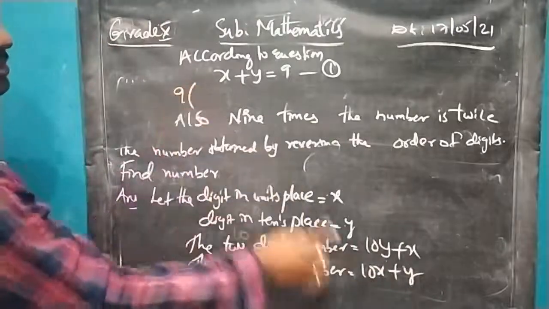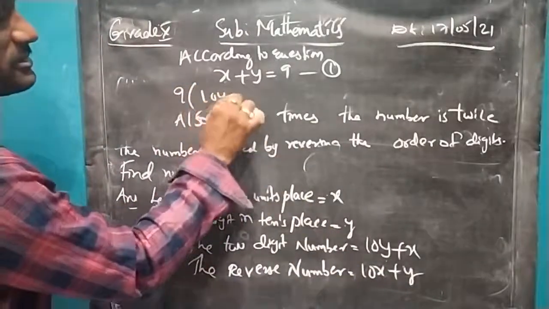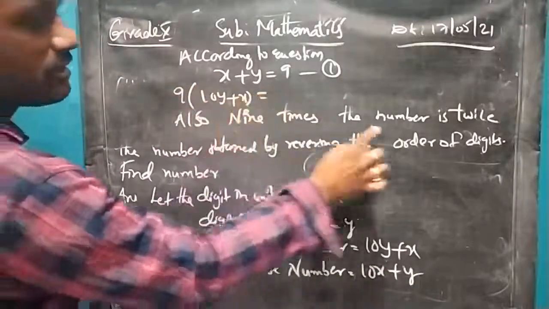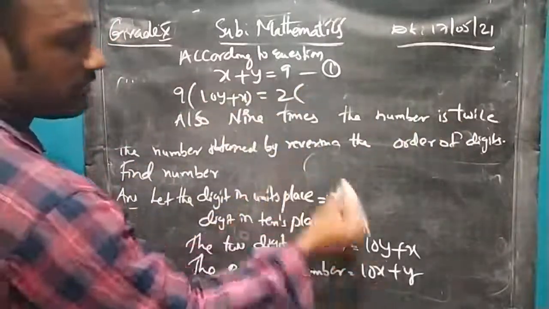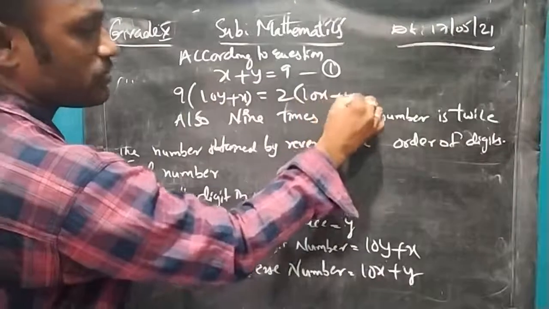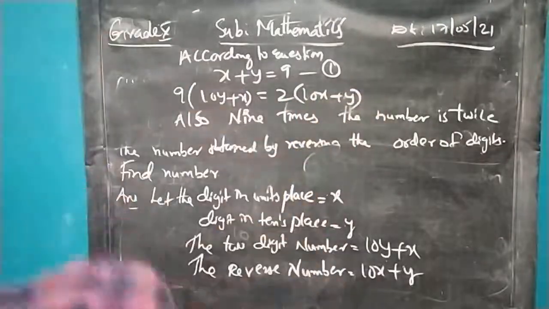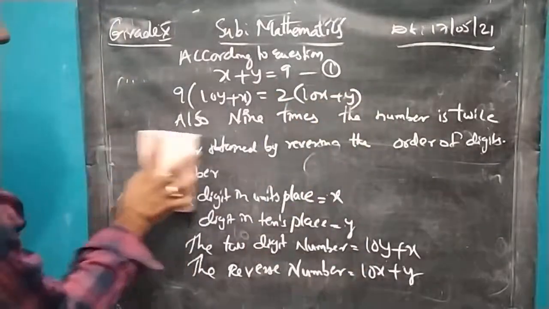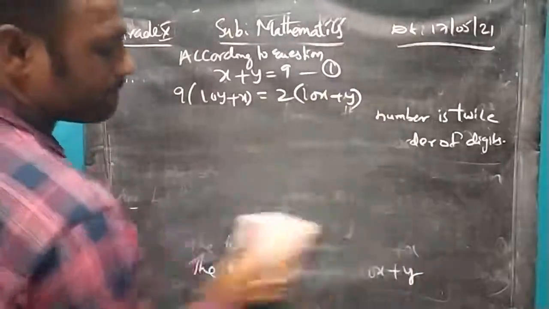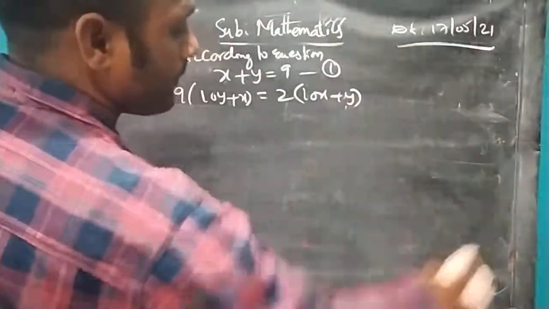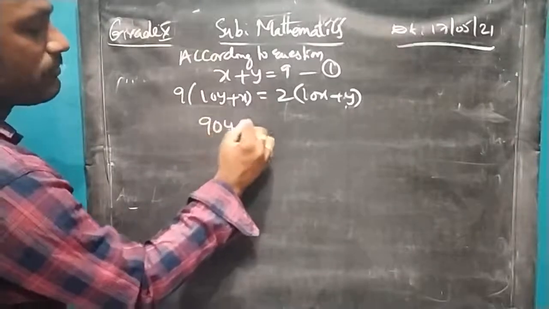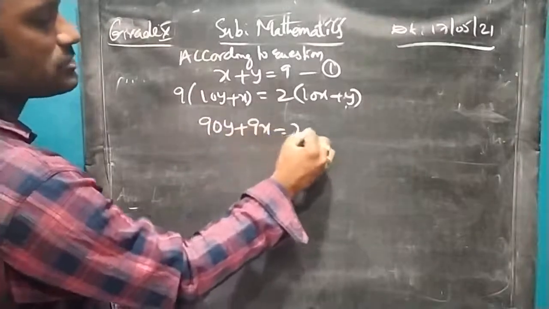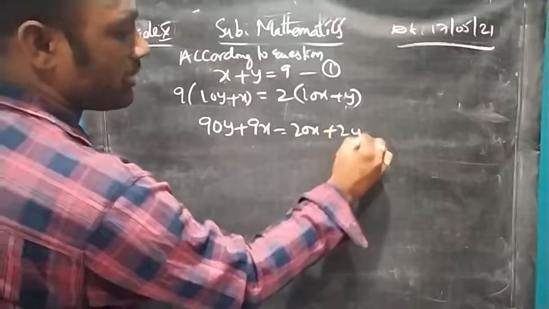9 into 10y plus x is equal to twice, twice means 2 times, the number obtained by reverse. What is the reverse number here? 10x plus y. So this can be replaced as 90y plus 9x is equal to 20x plus 2y.